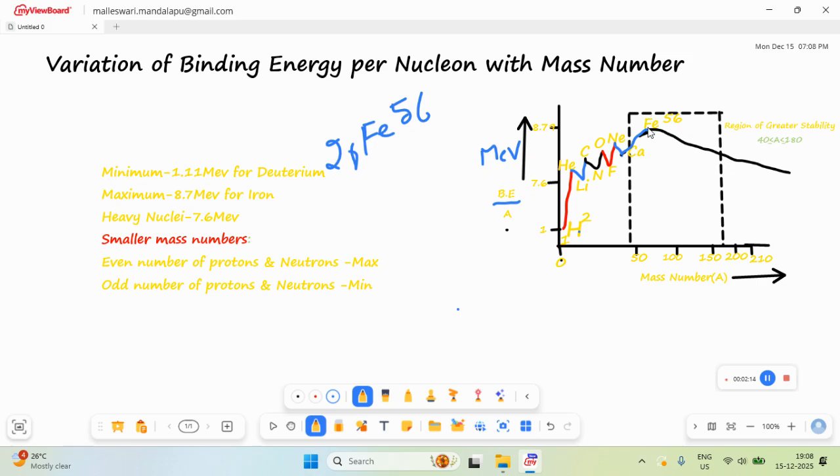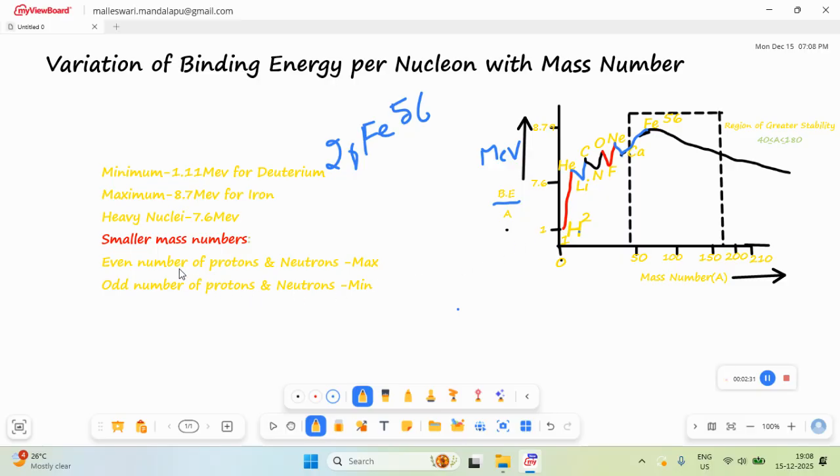Iron has maximum binding energy per nucleon. Binding energy of uranium is 7.6 million electron volts, and the minimum is for deuterium, that is 1.11 million electron volts.